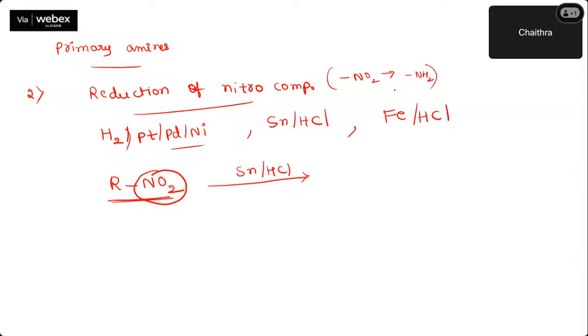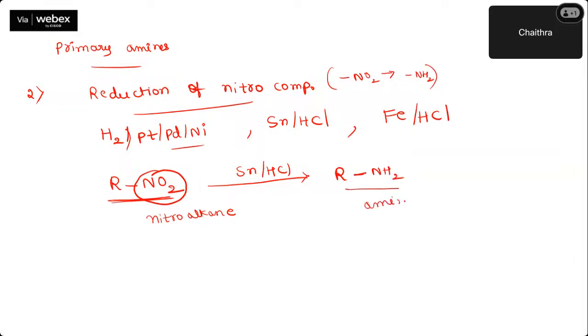If I take a nitroalkane, what will be the product? There is no ascent or descent of series. R remains the same. NO2 alone gets converted into NH2. That's it.